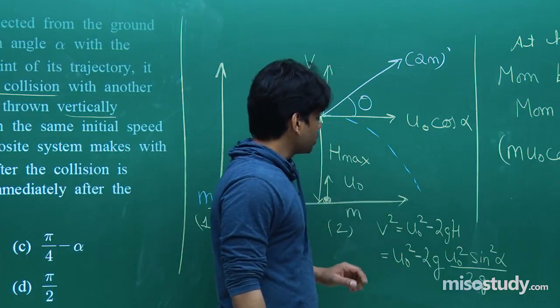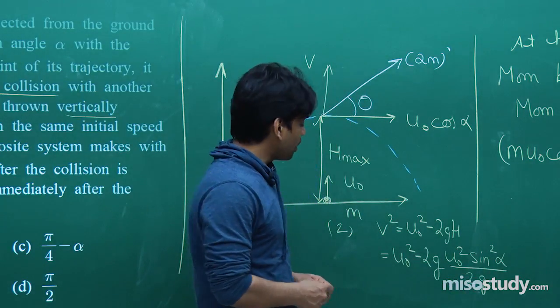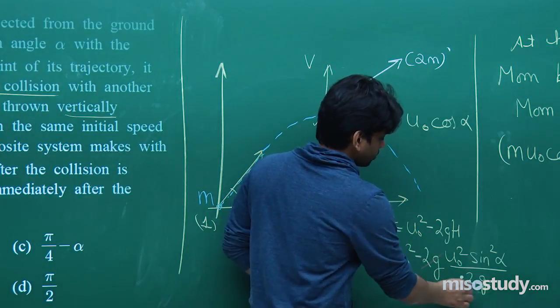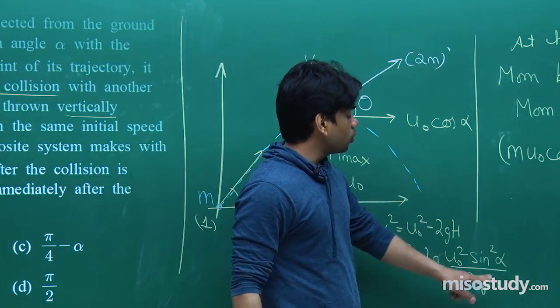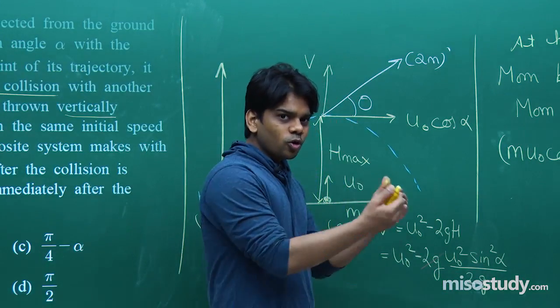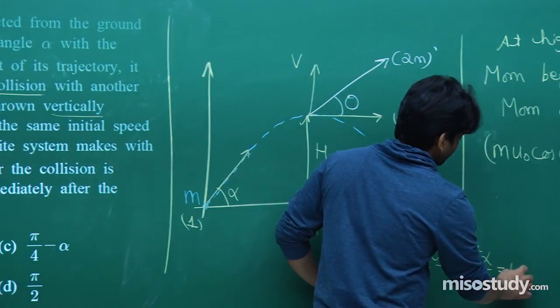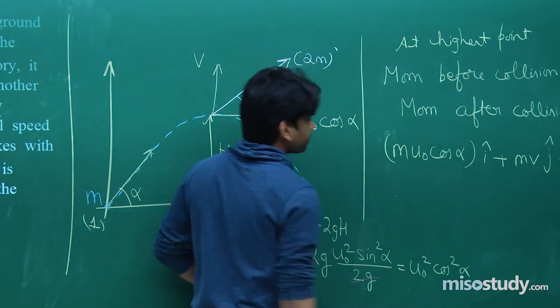So this will come out to be u naught whole square minus u naught whole square sine square alpha, because 2g will be cancelled out. Take u naught whole square common, 1 minus sine square alpha, and we get u naught whole square cos square alpha.